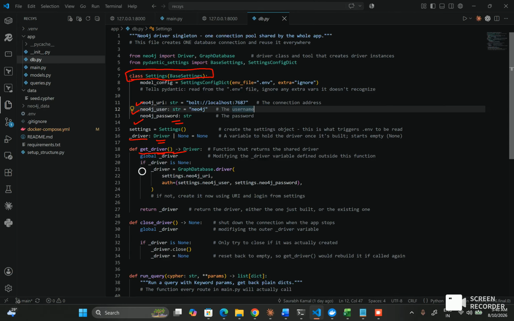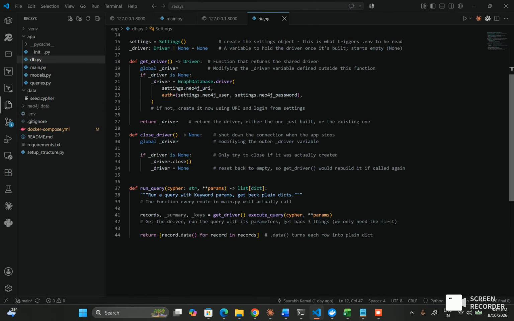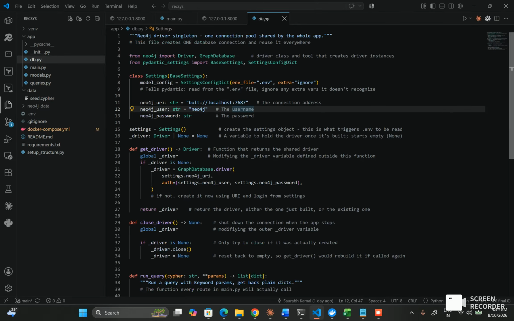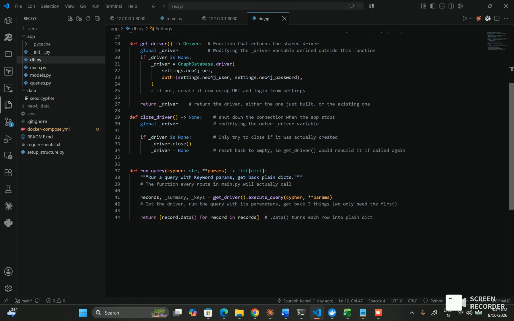Now, the third one is actually running the queries. That is this one, run_query. This is the one function every route in the entire app calls.